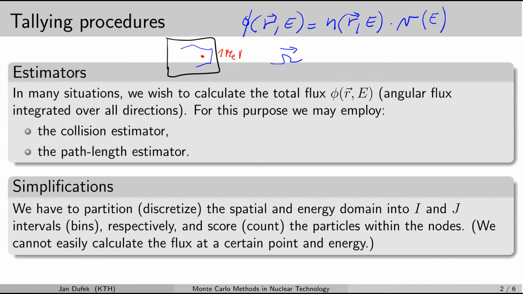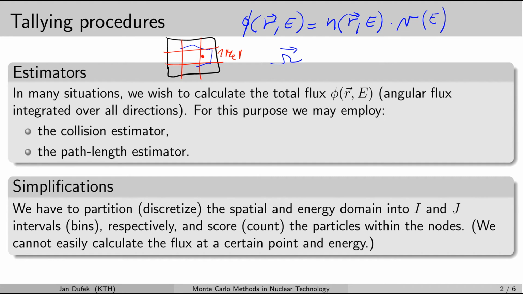So we can never get the dependence of the neutron flux on the position and the energy exactly. We have to make some simplifications. So what we do, we need to discretize the space of the system. We have to superimpose some spatial mesh on the system, and we cover the dependence of the neutron flux only within these zones.